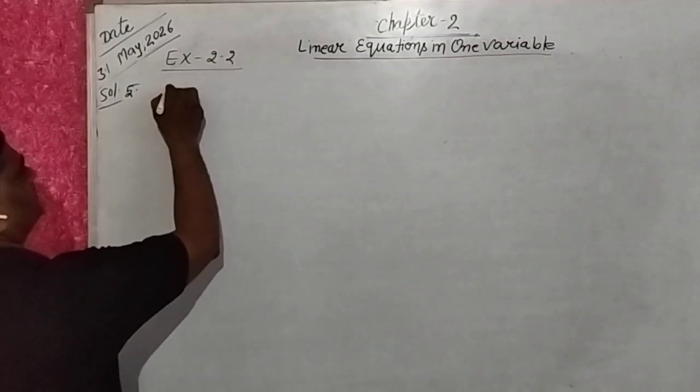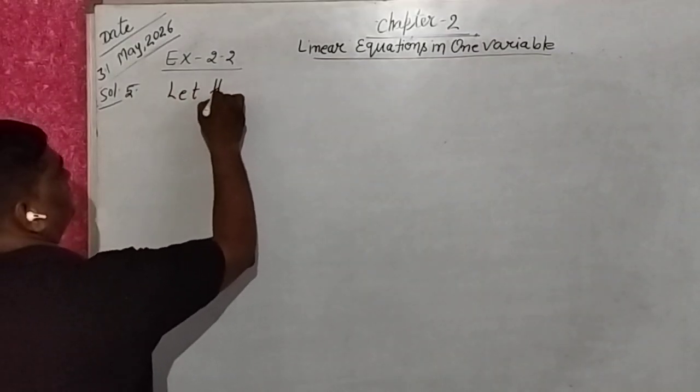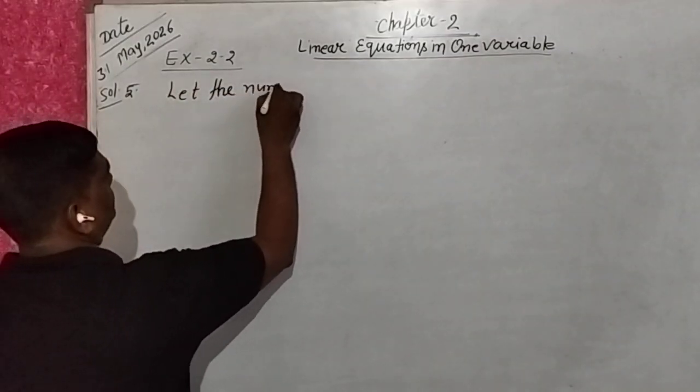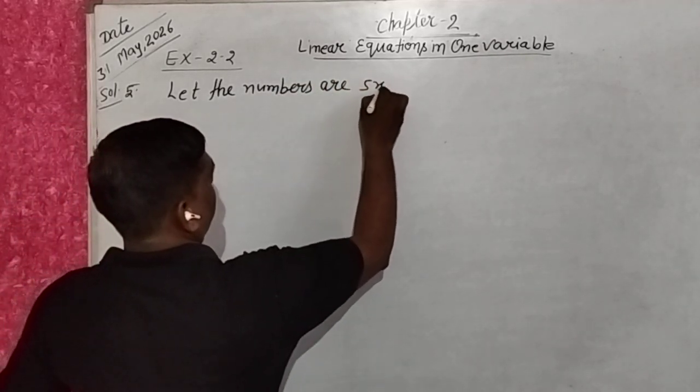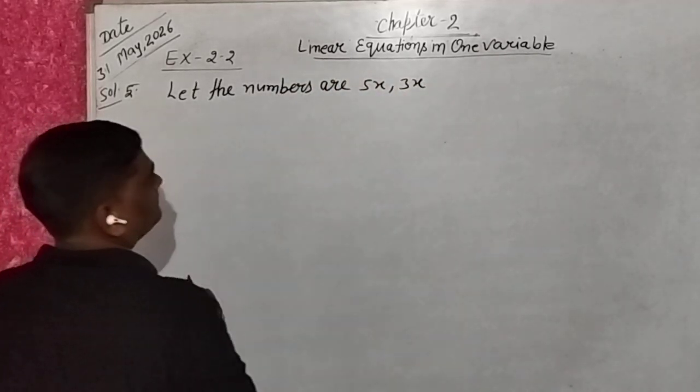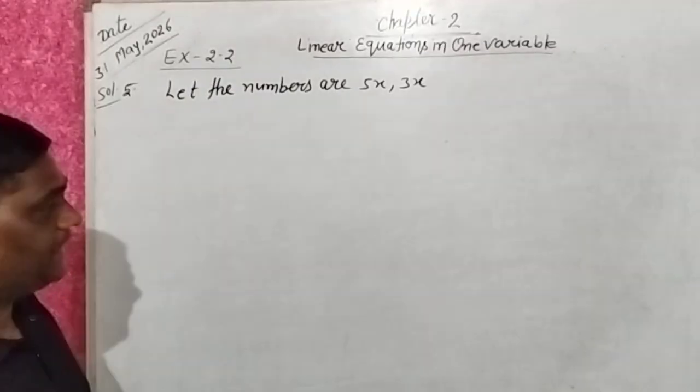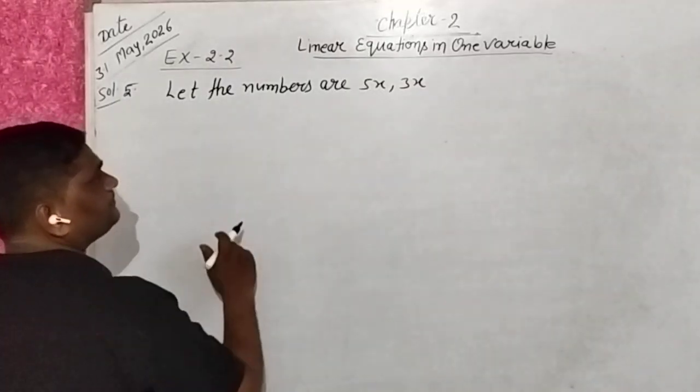First of all, let the numbers be 5x and 3x.